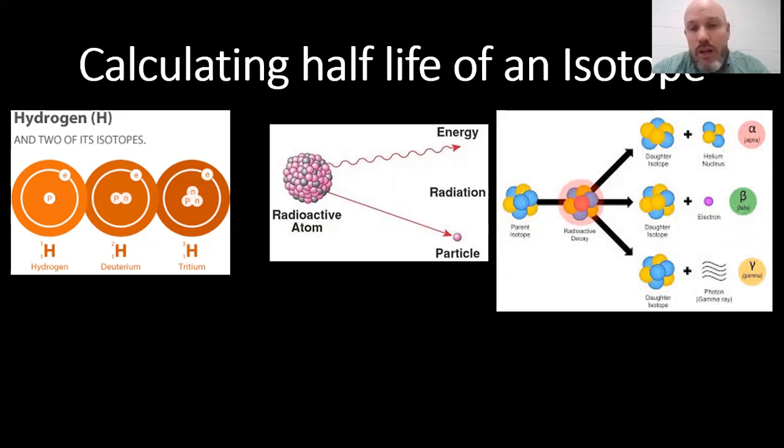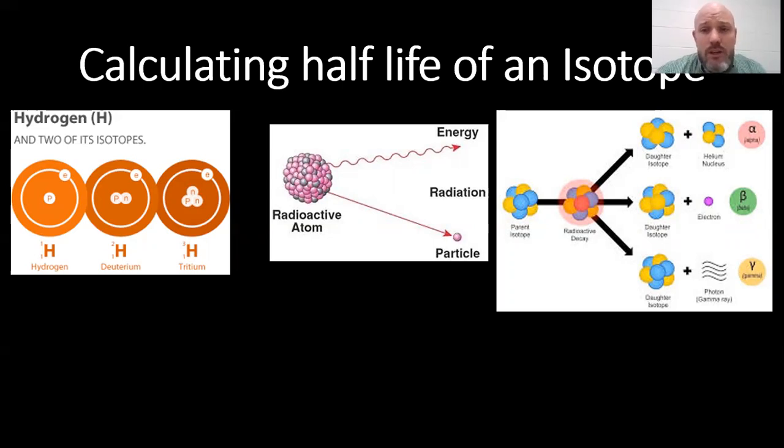So the atom is trying to become stable and have a stable nucleus again, so it's going to emit radiation. That may be energy, that could also be particles like a helium atom, electrons. We are not going to talk about the different types of radiation today, but in a future video we will.